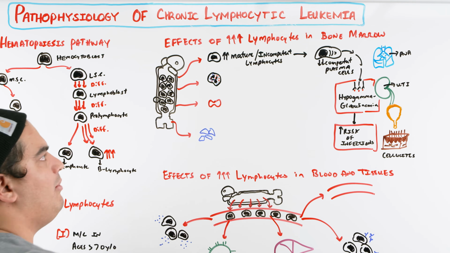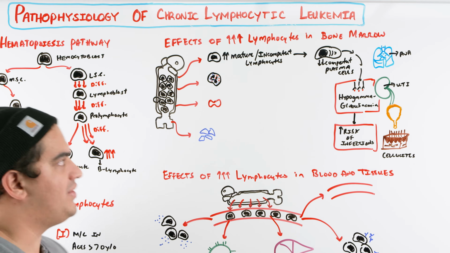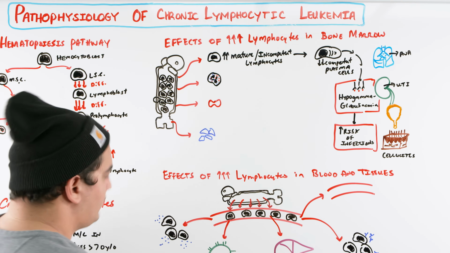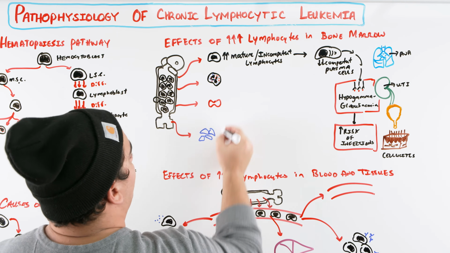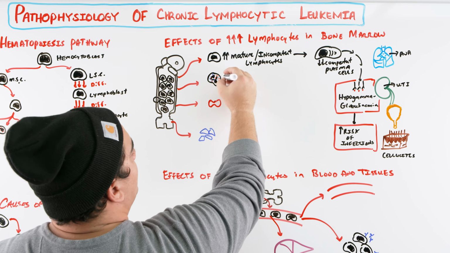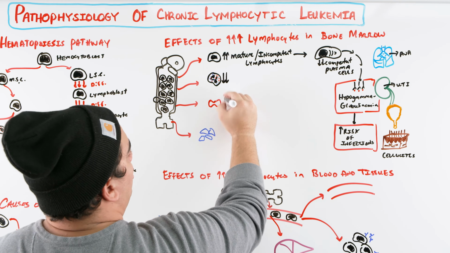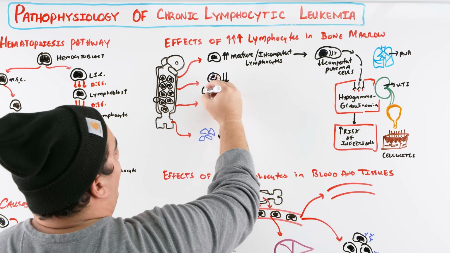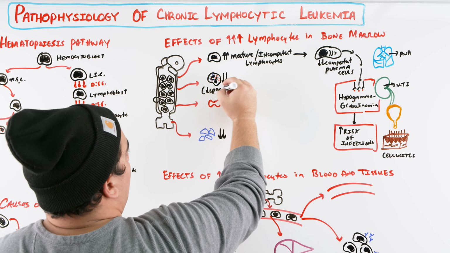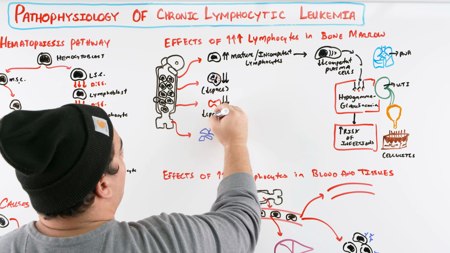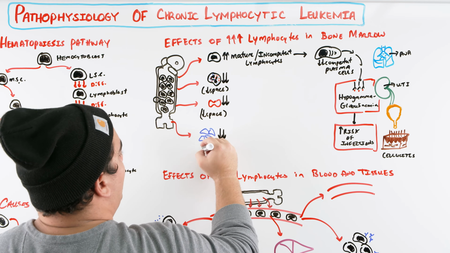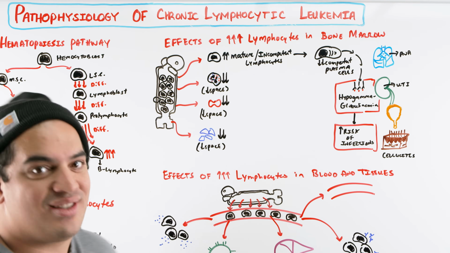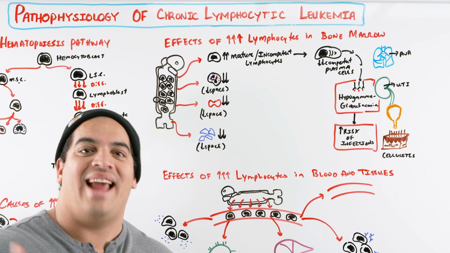But this one's kind of similar. They produce so many lymphocytes that it's enough to crowd out the bone marrow a little bit. And because they crowd out the bone marrow, they can drop all the other cell lines. So you can drop your neutrophils, your red blood cells, and your platelets. The reason is there's less space and fewer nutrients available for these cells to be produced. So you drop other cell lines, just like you would see in AML and ALL.